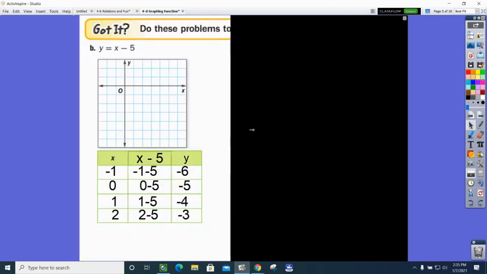Okay, so I'm just going to put my screen up here and do this so that we can fast forward and see how the graph is. So now your points, this is a linear function. A linear function should have a graph of a line. Here are my 4 points. So there is the -1, -6, 0, -5, 1, -4, and 2, -3.